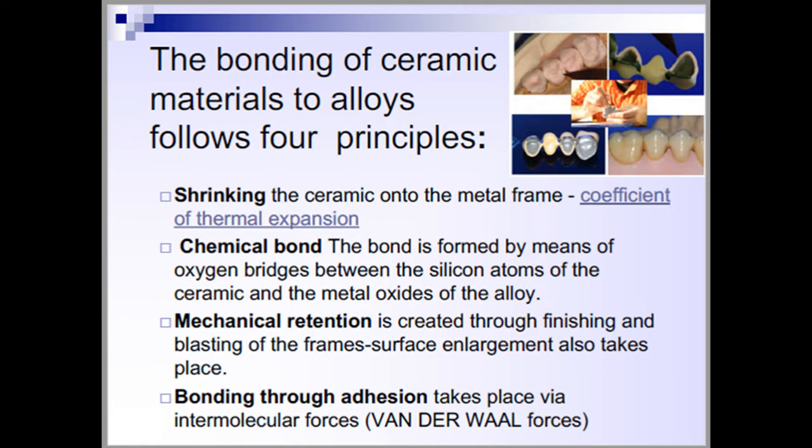So how exactly does this bonding happen between ceramic and metal, or ceramic and ceramic material? There are altogether four mechanisms by which this bonding occurs. The first one is ionic bonding. The second, between metal and the layering ceramic material, is mechanical retention, that means the roughness of the underlying surface also makes a difference during bonding.